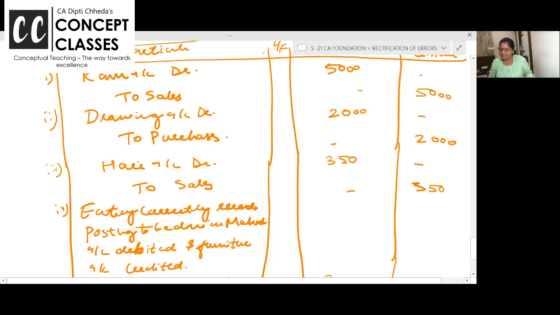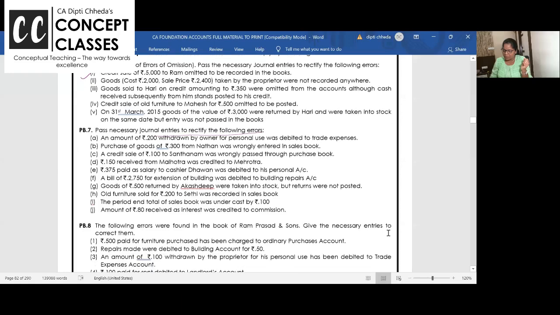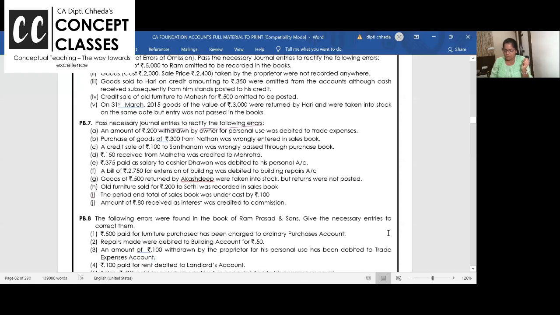This is the first combined problem which I am taking. I have individually taught you the problems for error of principal, error of omission, error of commission. It will come all combined only. All types of mistakes will come over there. So now, the seventh problem which we are starting, for practice, we should do triple column.